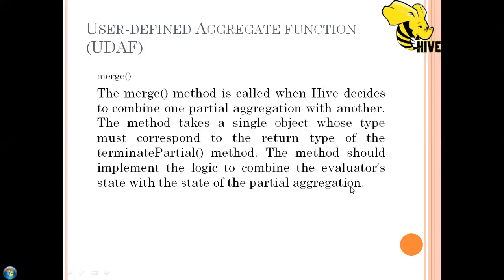The method takes in a single object whose type must correspond to the return type of the terminatePartial method. This method should implement the logic to combine the evaluator state of the partial aggregations.